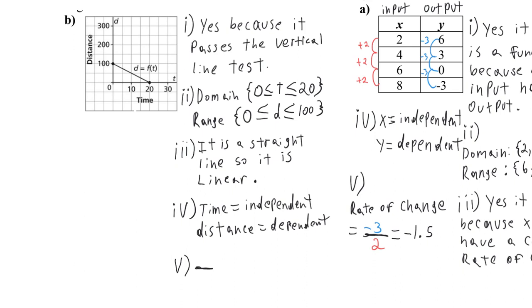So we went down by 100. And then we started here, and we went all the way to the right by 20. So we now want to do negative 100 divided by 20. So negative 100 divided by 20 is going to give us a negative 5. So our rate of change is negative 5.